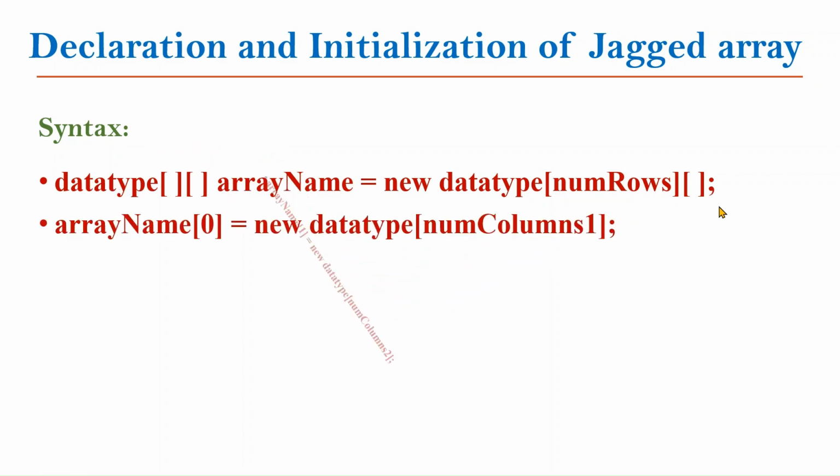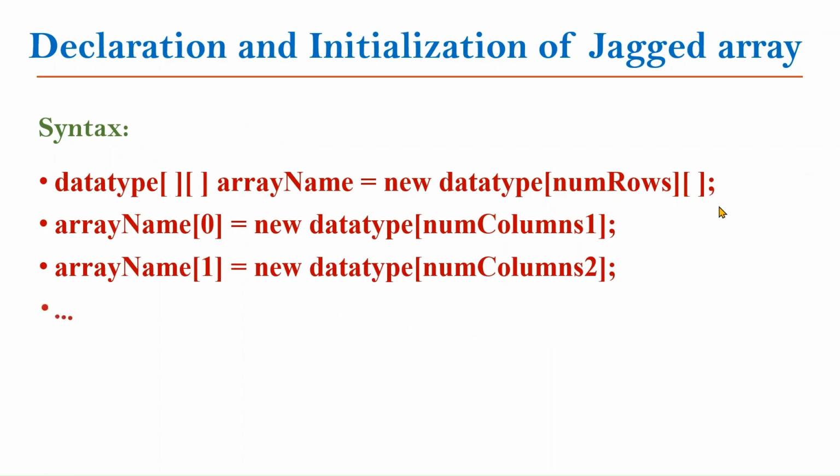Now how to set it? You can see here, if I take the array name of 0, this is the row number, assigned with new data type. That means the same data type you have written here, with the number of columns. That means for row number 0, how many columns you want.